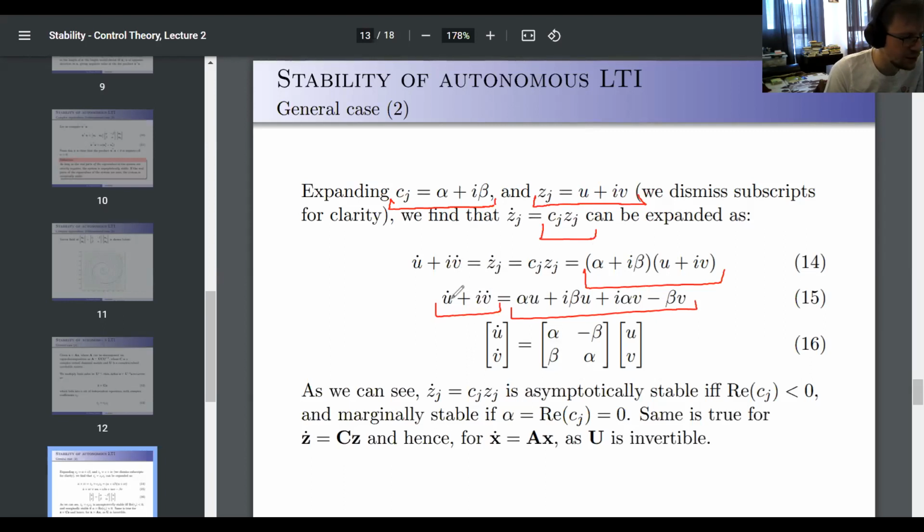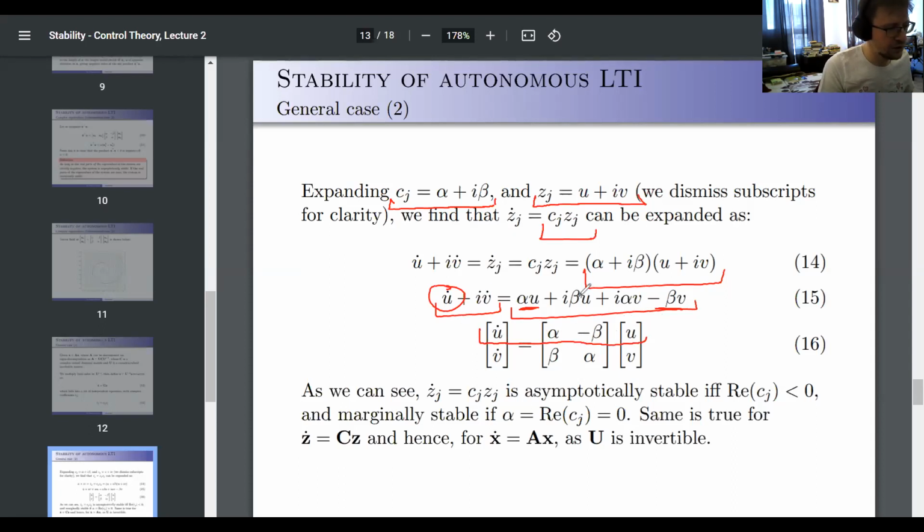What is U dot? U dot is alpha times U minus beta times V, so we can write it as this equation here. What is V dot?